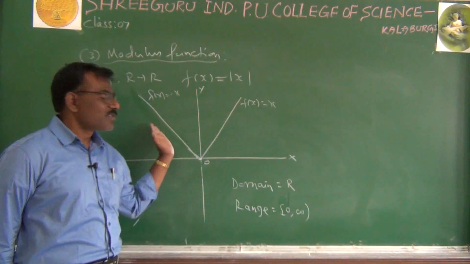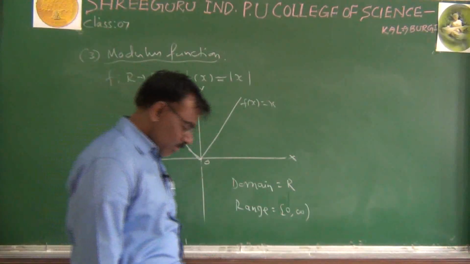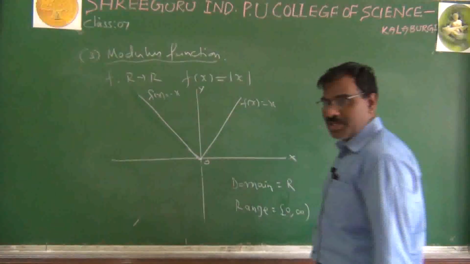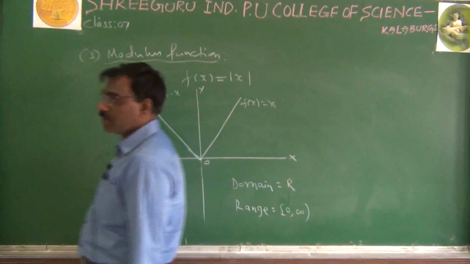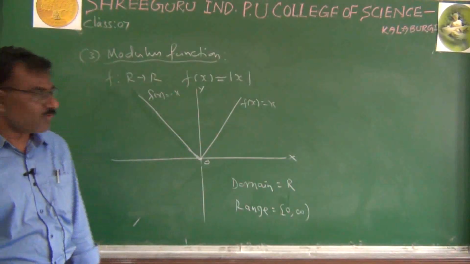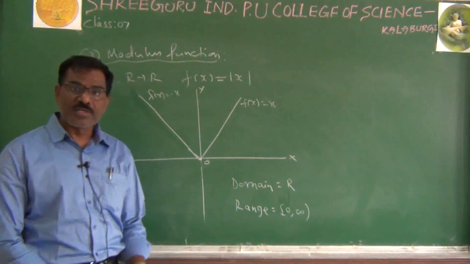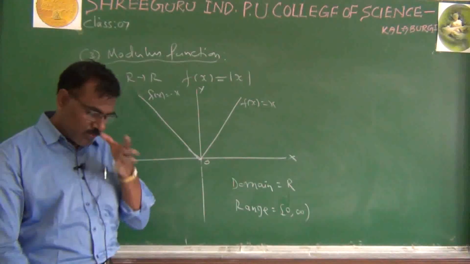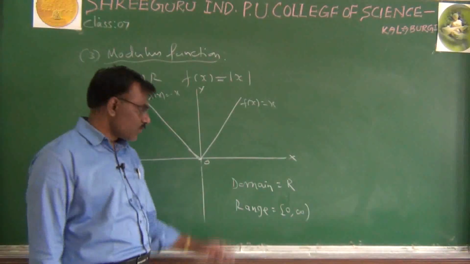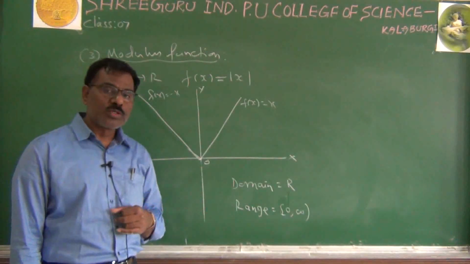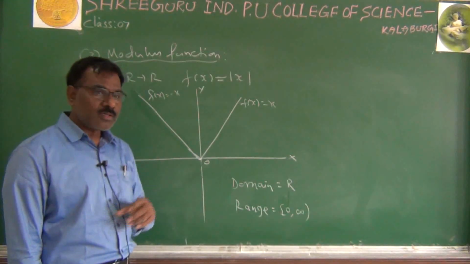One positive, this is x. Even this problem comes in continuity: whether f of x equal to modulus of x is continuous or not. Yes, this is a continuous function at x equal to 0. But it is not differentiable, because it is not a smooth curve. It is sharp.